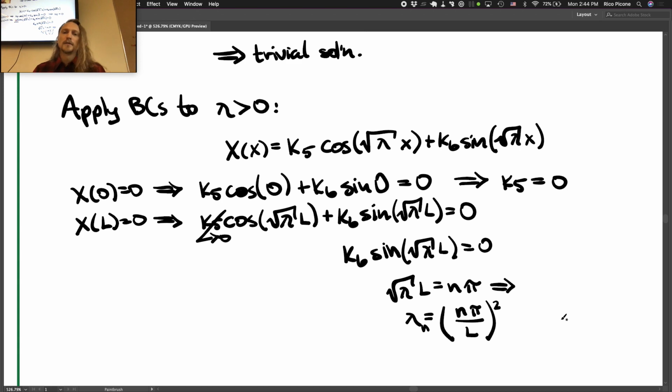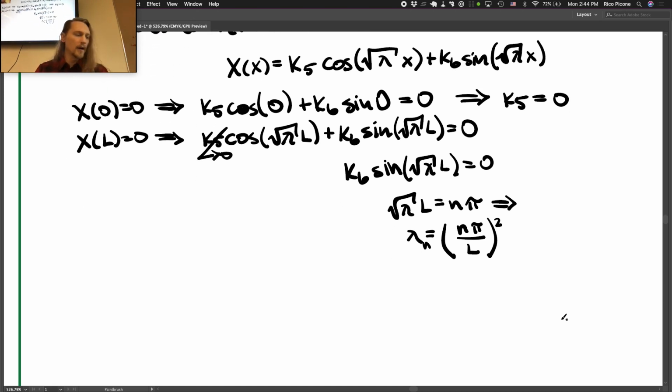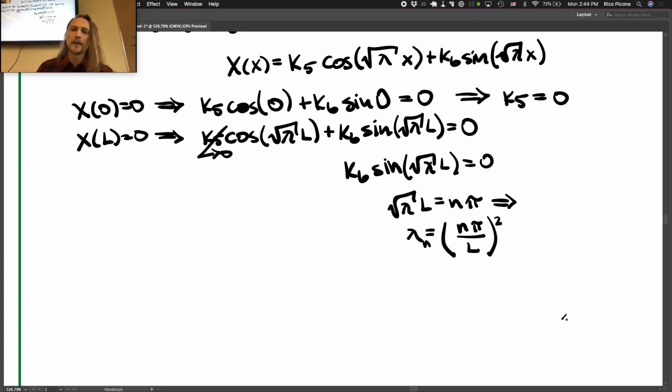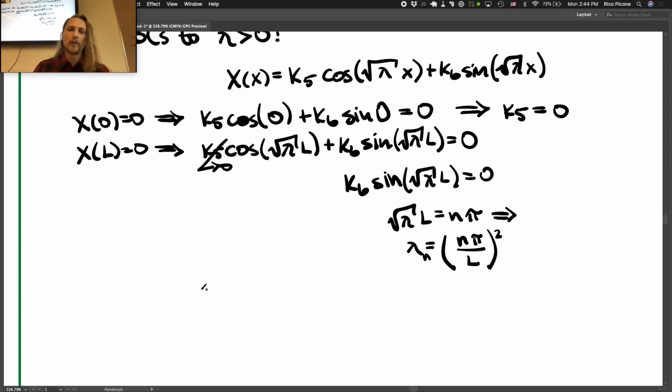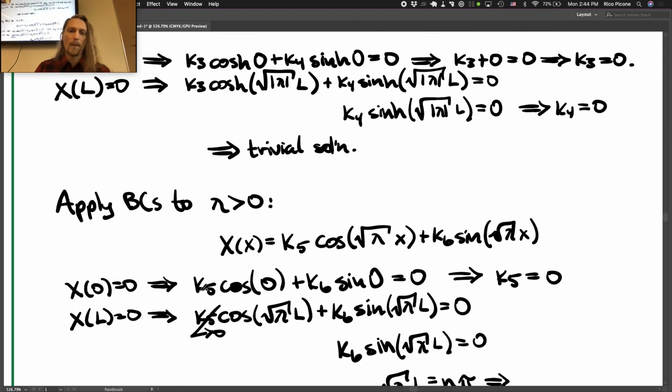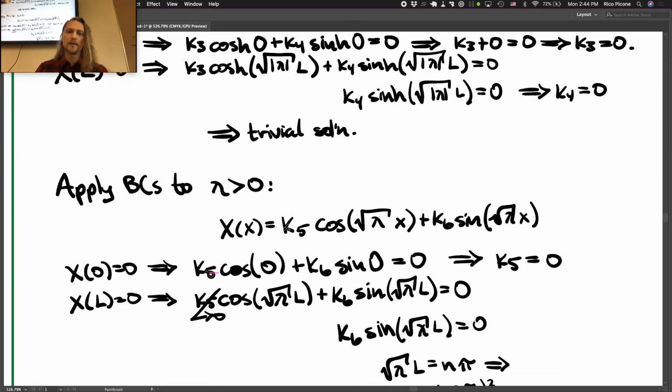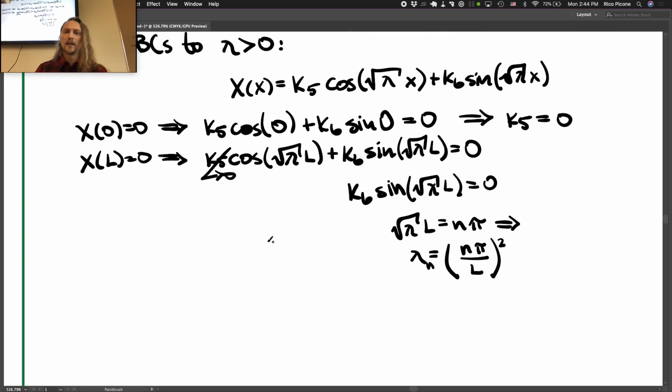So, what we found are the non-trivial solutions, which are, if we go back to this solution, this is for lambda greater than 0, k5 is going to be 0, so this term will be gone, but we'll have X of x.